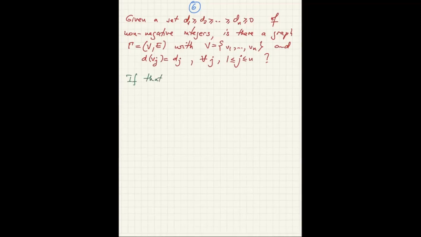If that is the case, the sequence d1, ..., dn is called graphic.